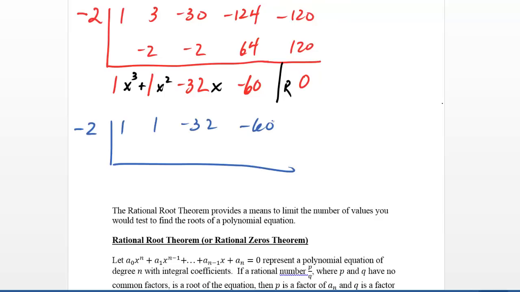And from here, we're going to work the synthetic division a second time. And as expected, we have a 0 for the remainder again, because we did say that it is going to be a factor a second time.